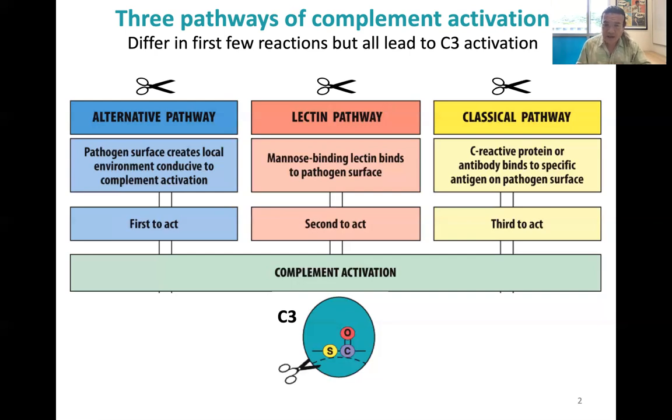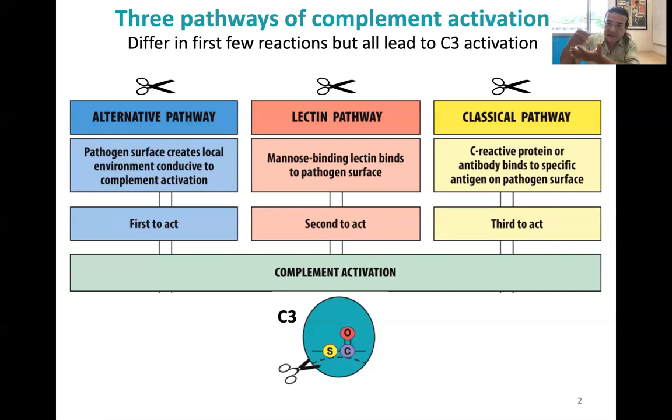And remember, it has to do with the way that the complement protein is activated, cleaved, so that it's able to form very strong covalent bonds to other target molecules, for example, on the surface of a bacteria.